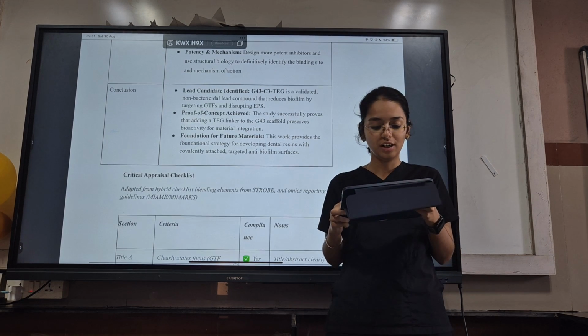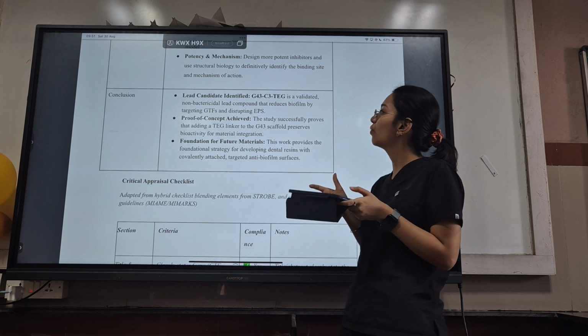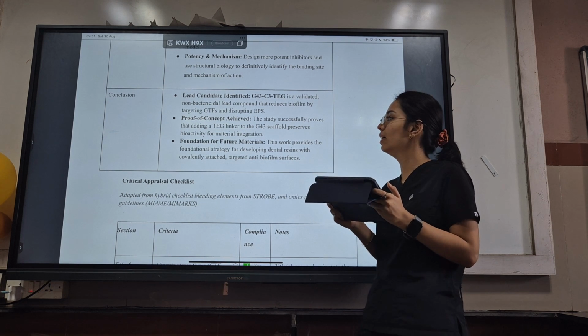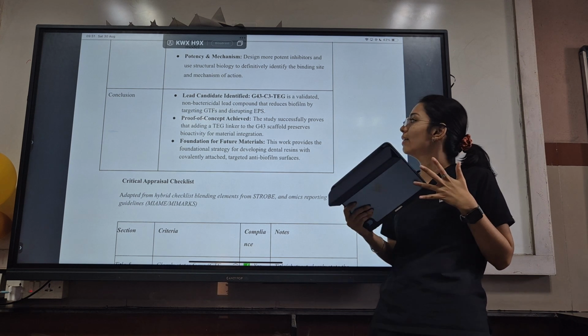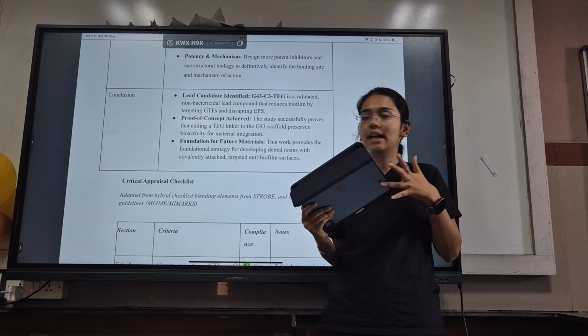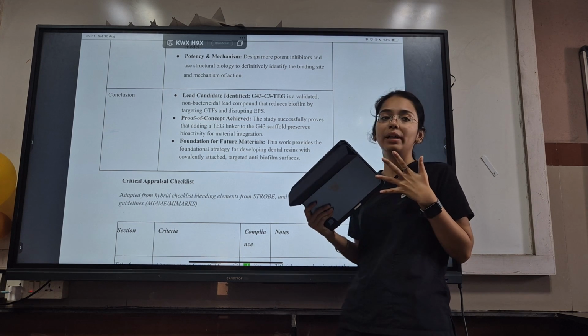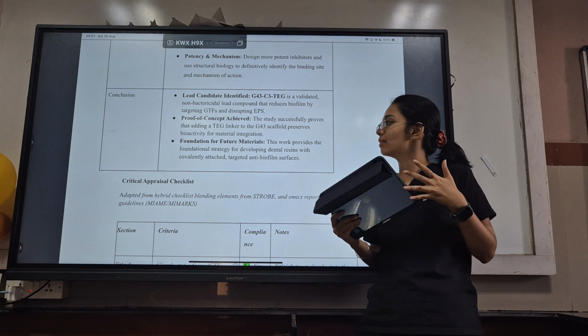So to conclude, the lead candidate was identified. So TEG was validated. It is a non-bactericidal lead compound that reduces the biofilm by targeting the glycosyltransferases and disrupting the EPS matrix. And the proof of concept was achieved.